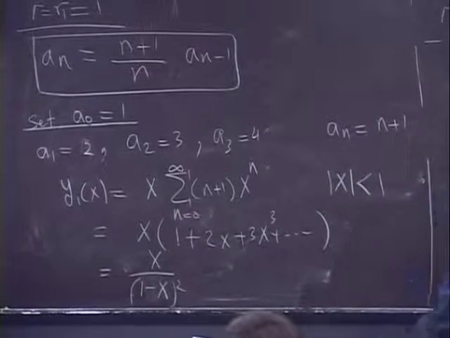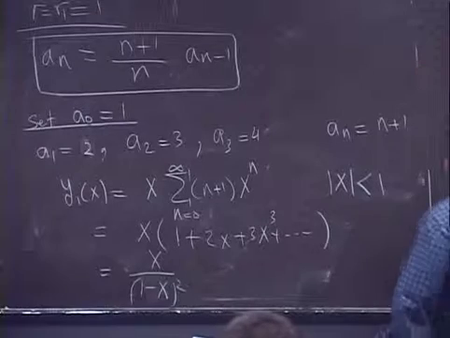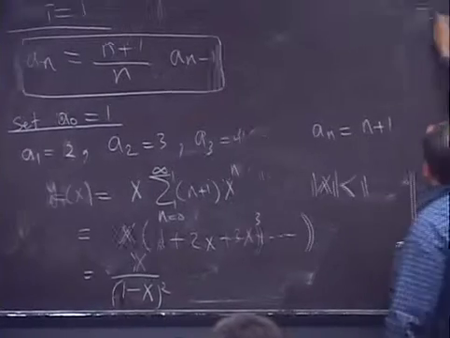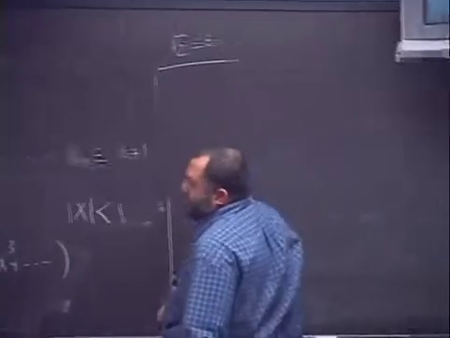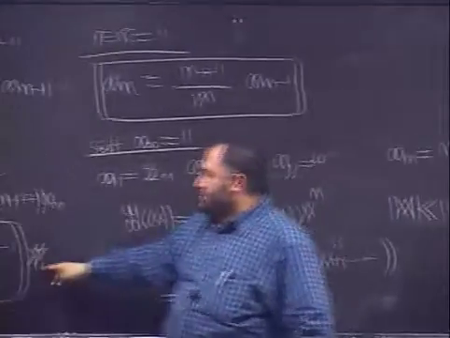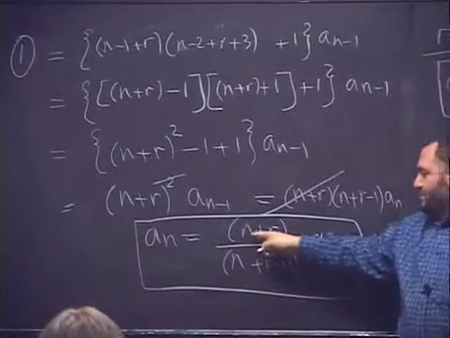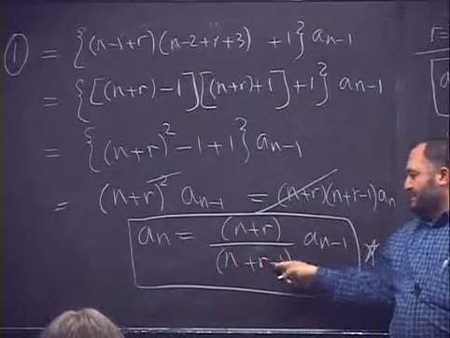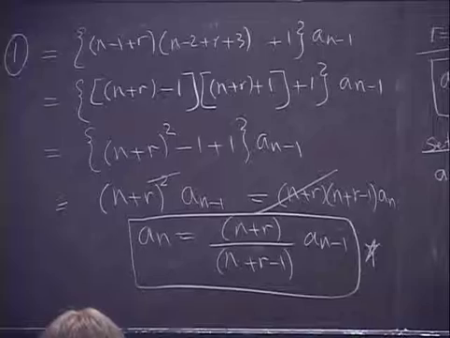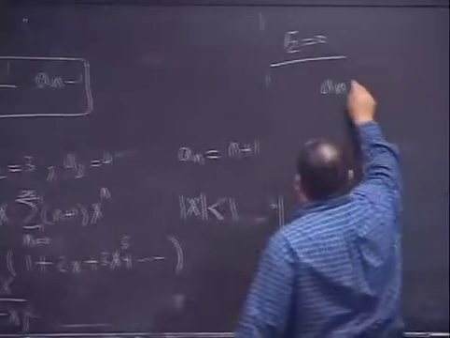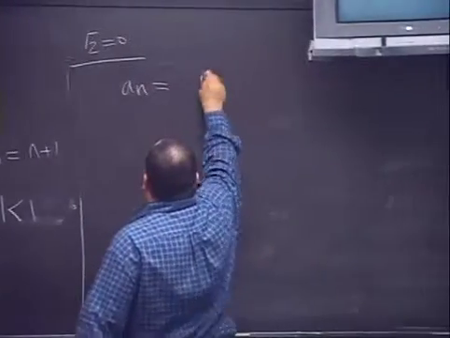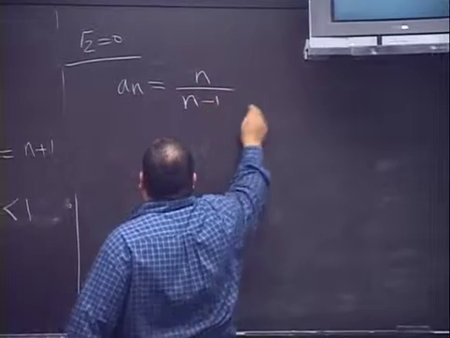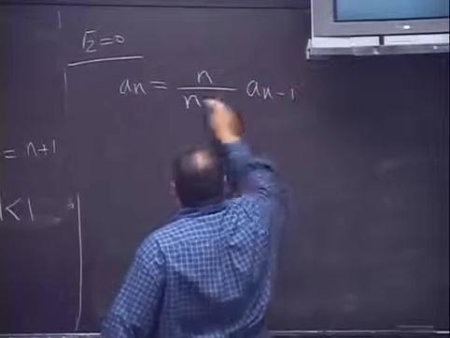So for R2 equal to 0, we will return back and substitute in our equation star, so n plus 0 is n, and n plus 0 minus 1 is n minus 1. So an equals n divided by n minus 1, multiplied by an minus 1.